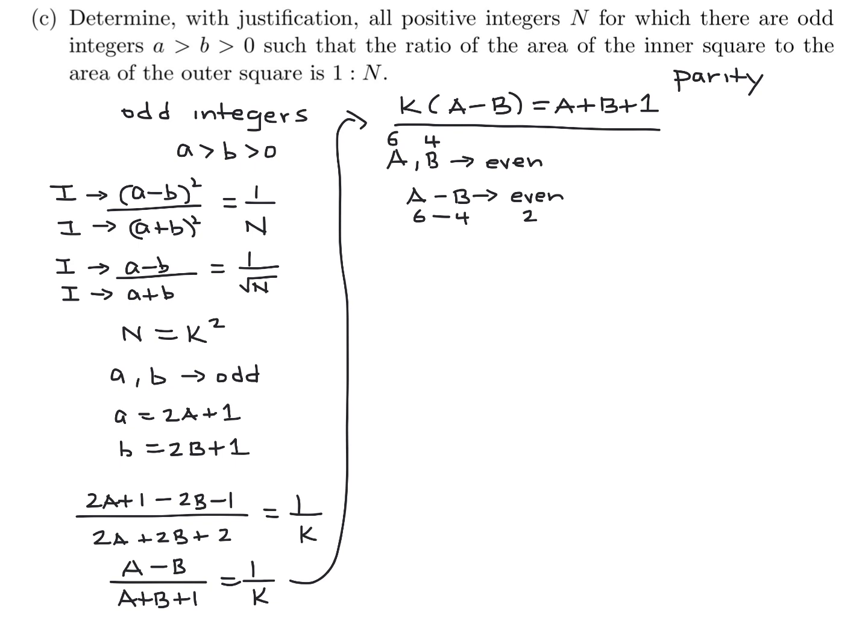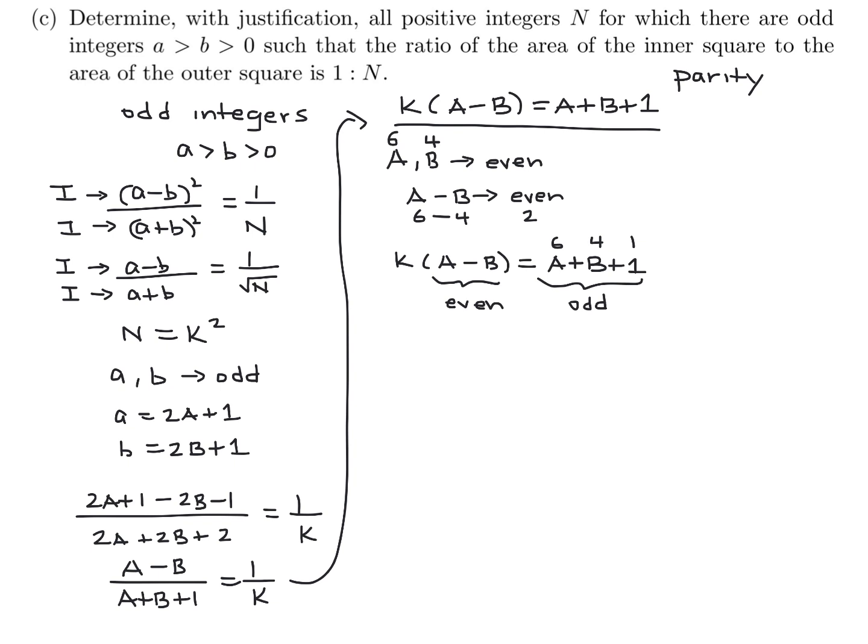So that means that this k times a minus b, which equals a plus b plus 1, this is even, correct? I just showed that. But then what about this guy, a plus b plus 1? If they're both even, if you have, say, 6, 4, and 1, that obviously is going to be odd. So this side is odd.